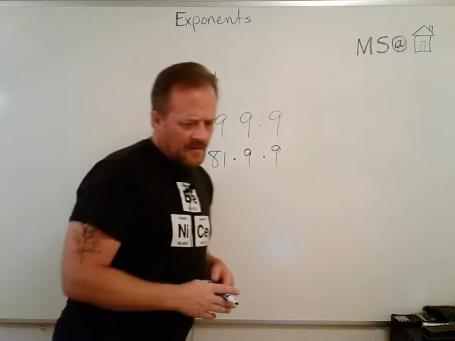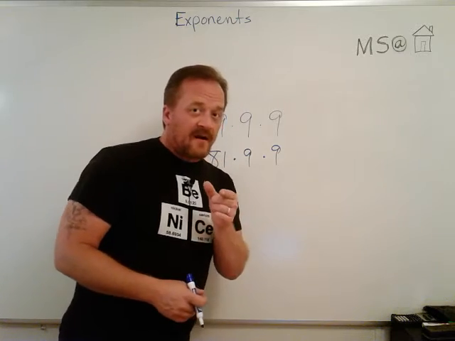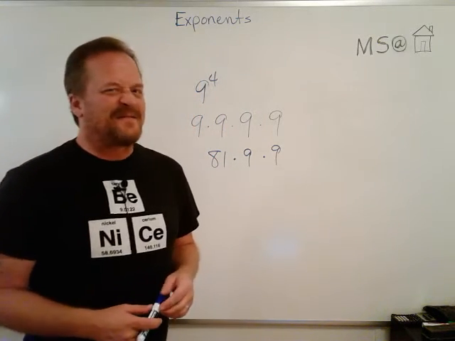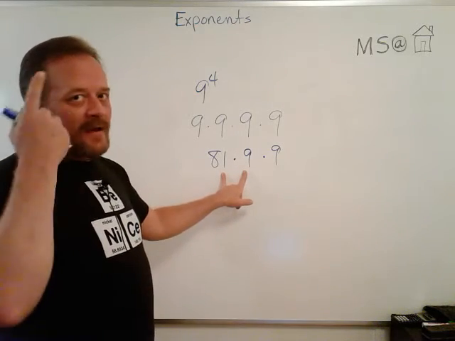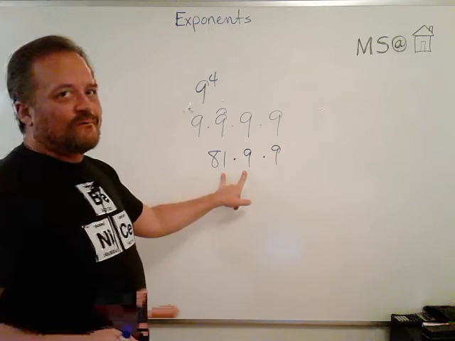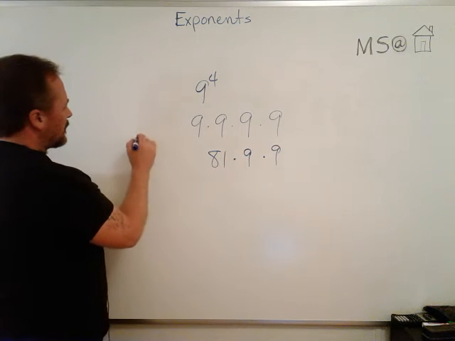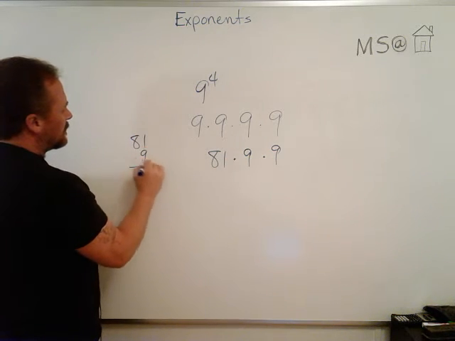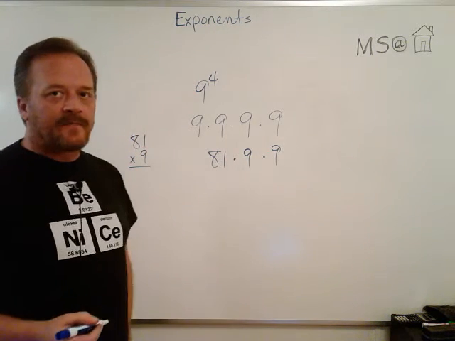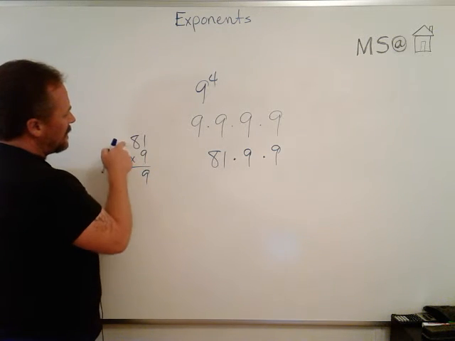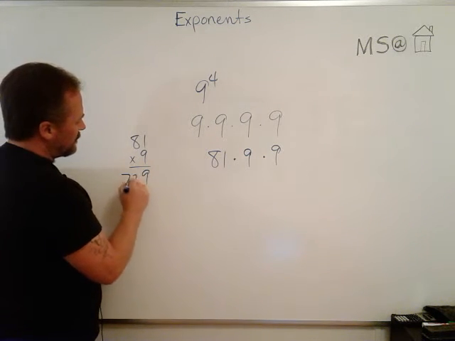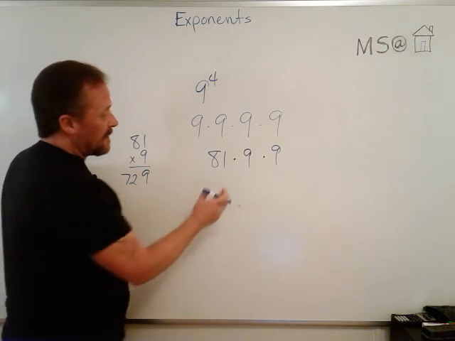I didn't put the little calculator icon next to here, so that means you shouldn't really use calculators. We don't need to. If you can't do 81 times 9 in your head, and who really wants to, go ahead and off to the side, use your algorithm. Okay? It's good practice. 1 times 9 is 9. 8 times 9 is 72. So 729 up to here.